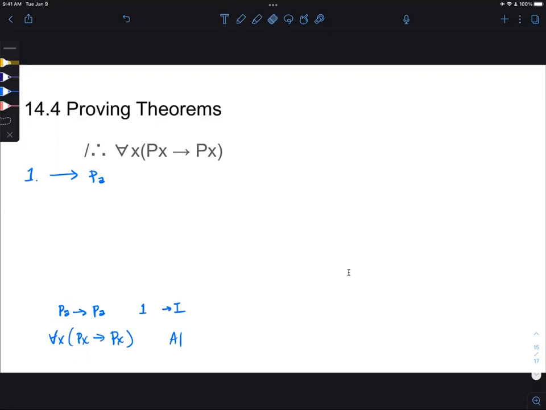But if it doesn't allow this, then we can just, on a new line, use repeat. 1, repeat, because if line 1 is true, then it's true again on line 2. Close subproof. Write down a conditional whose antecedent is the assumption and whose consequent is the last line of the subproof. Cite lines of subproof. And that's what we're calling it in the proof checker.